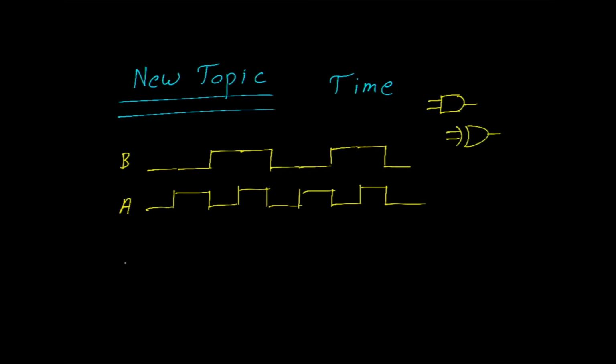The AND gate is written as B and A, that output will be low for this period of time, and then it will go high for one cycle here. It will be low again and high for one cycle here again. You can see how that lines up.